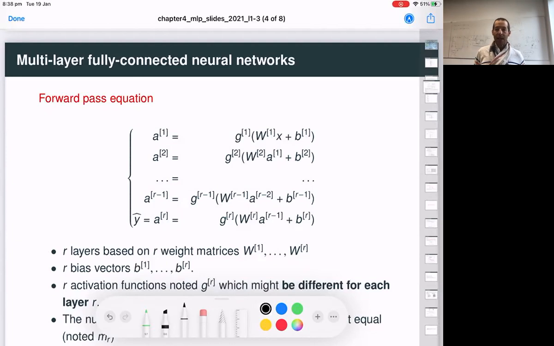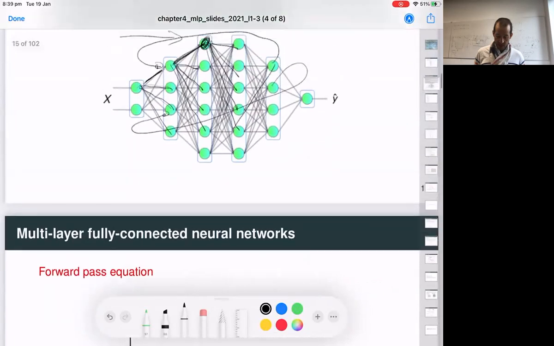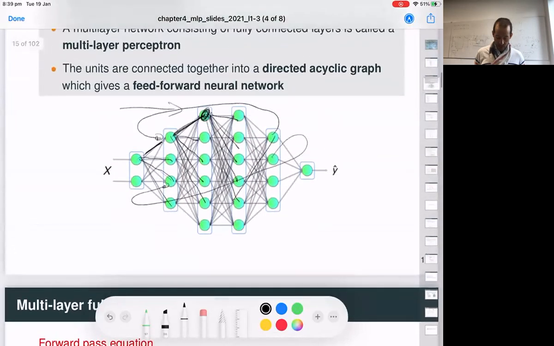And here I have used the matrix notation. So in this equation, W with the script 1 is the weight from the first part. So if I come back here, this in fact is all this weight.